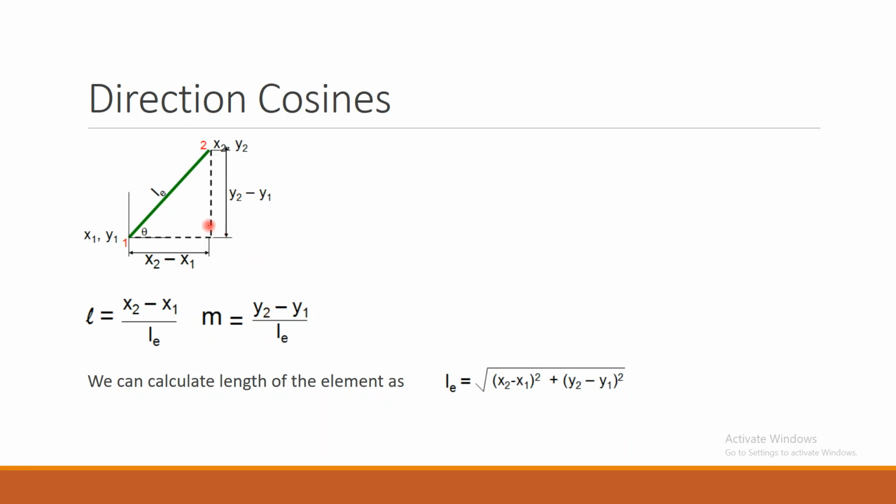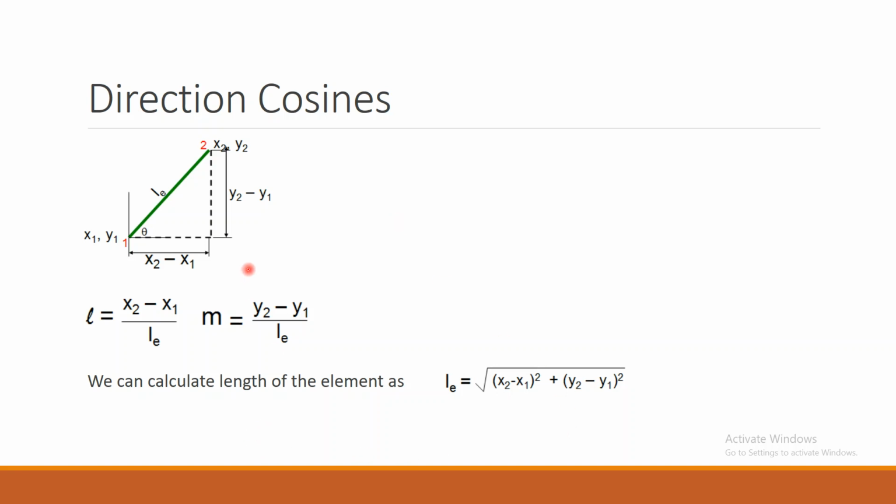If you closely observe, this can be represented as x final minus x initial divided by the length of the element, and y final minus y initial divided by the length of the element. Like that we can also write this equation, so you should remember that.